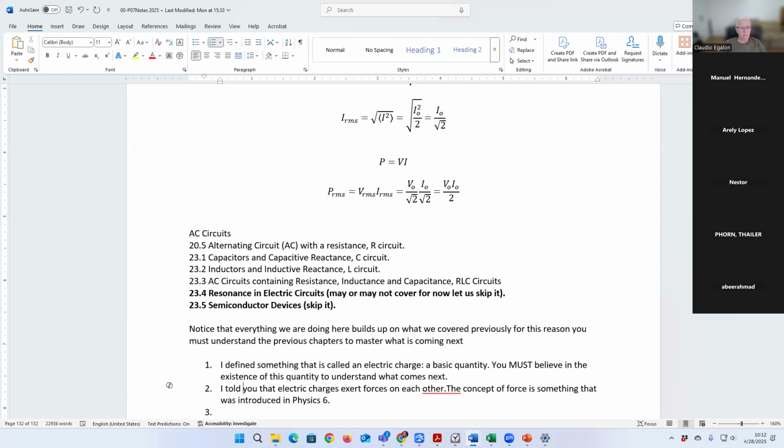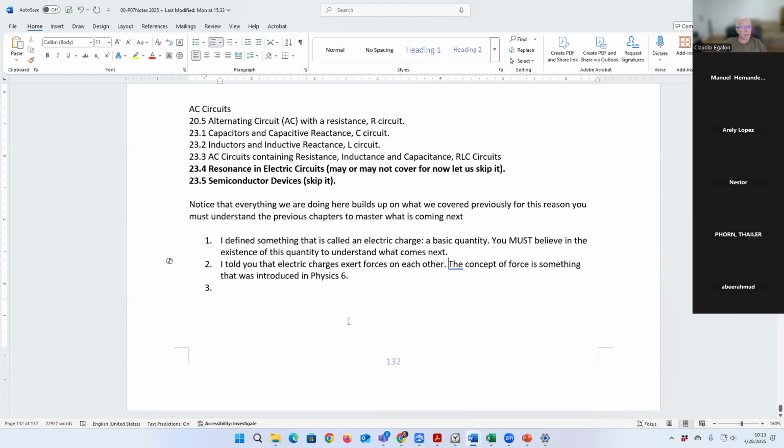And of course, this concept depends on the idea of charge. After that, we came up with a far more abstract concept that is related to the electric force, the electric field.